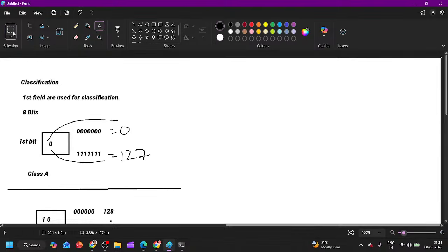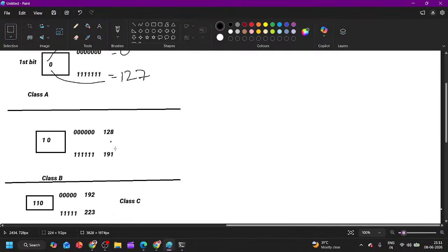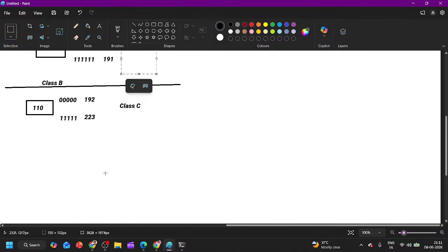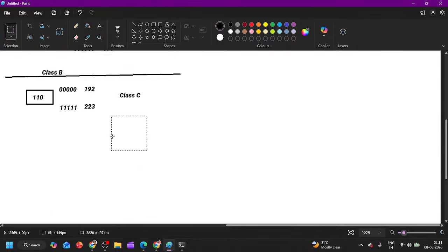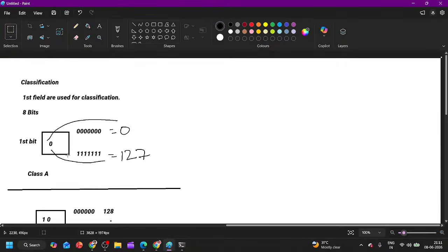Now you know 1 bit is reserved, we cannot change it. So 2 power 7 networks can be designed from class A. Not 2 power 16, 2 power 14 networks can be designed from class B. And not 2 power 24, 2 power 21 networks can be designed from class C. Now, this is classification.